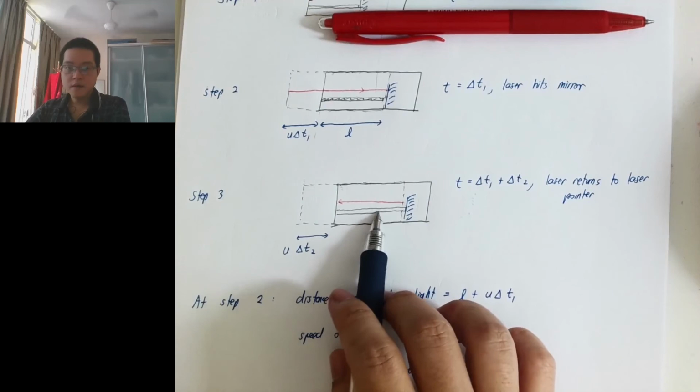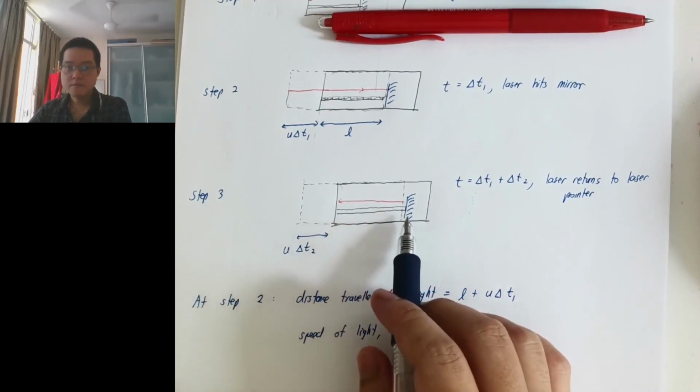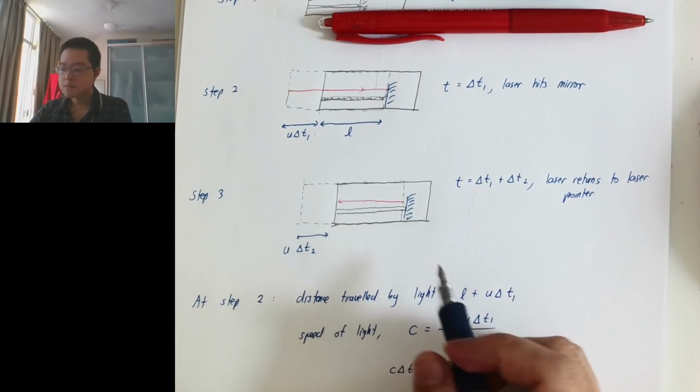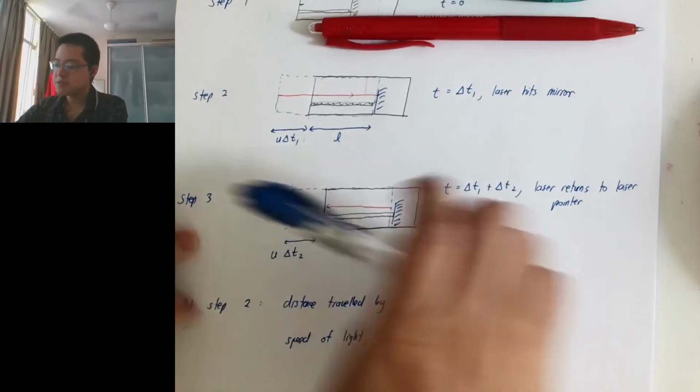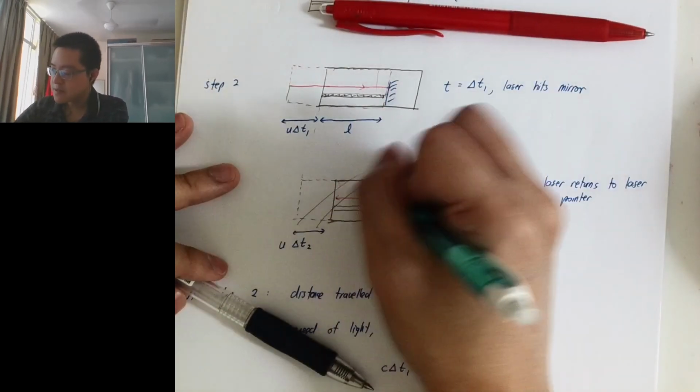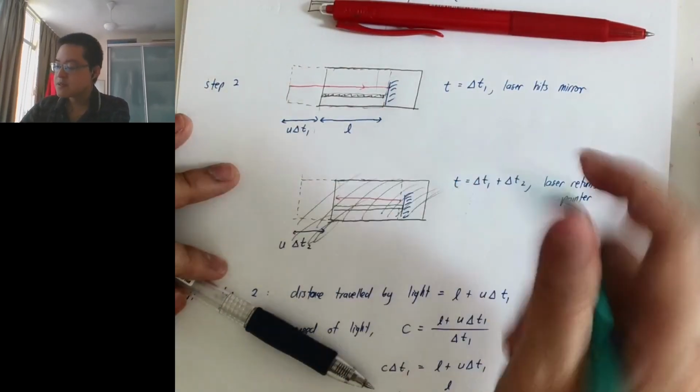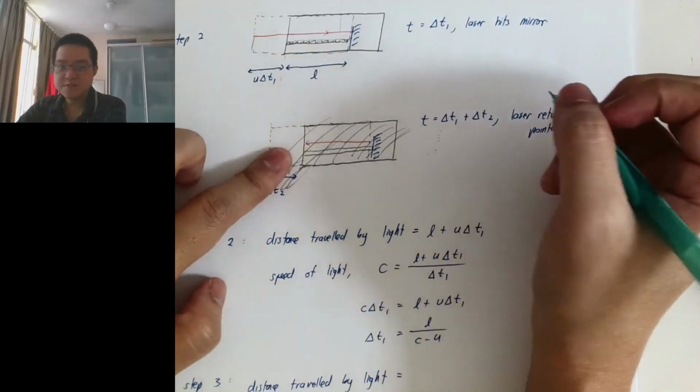Well, actually, I think I drew the wrong picture. Hang on, this is where you have to be careful. So I drew the wrong picture already. Let me draw this picture again very carefully.